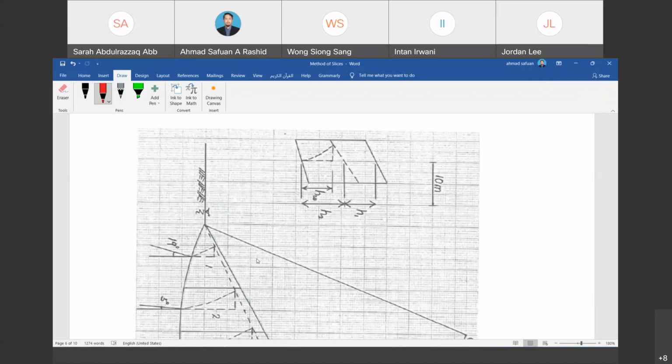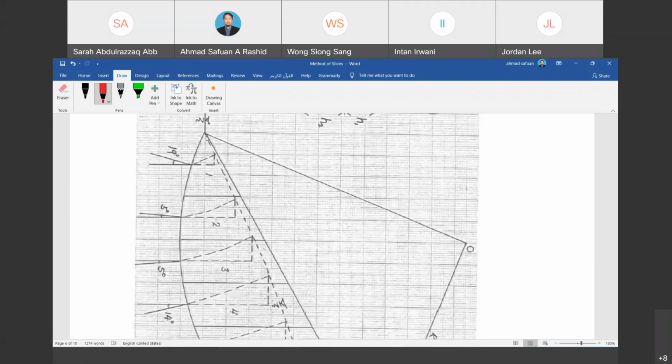For example, if this is the groundwater table, it doesn't require us to draw the flow net. If we want to determine the height of the water, we just draw up to the groundwater level.